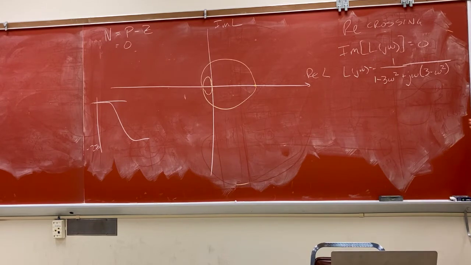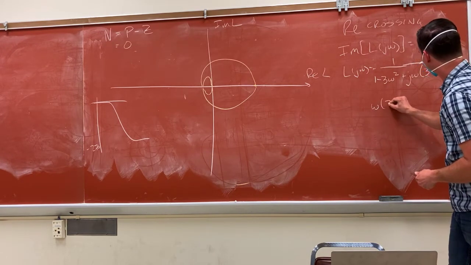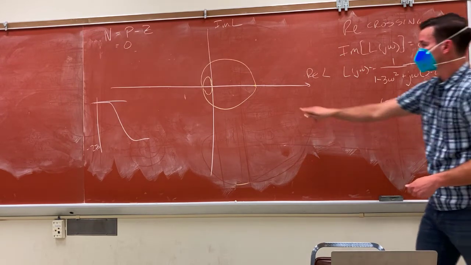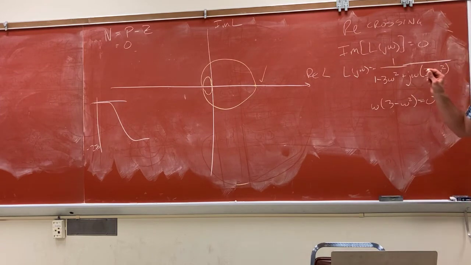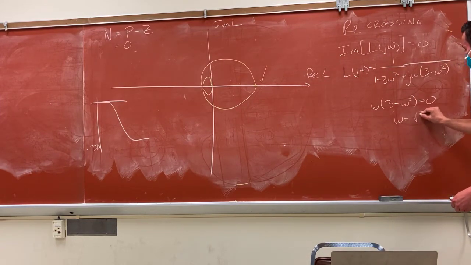If the imaginary part of this is 0, that means that this has to be 0, even if it's in the denominator. It still works out that way. So I need omega times 3 minus omega squared to be 0. Omega equals 0 is one crossing. I already knew that. And then this will be omega equals the square root of 3, positive or negative.